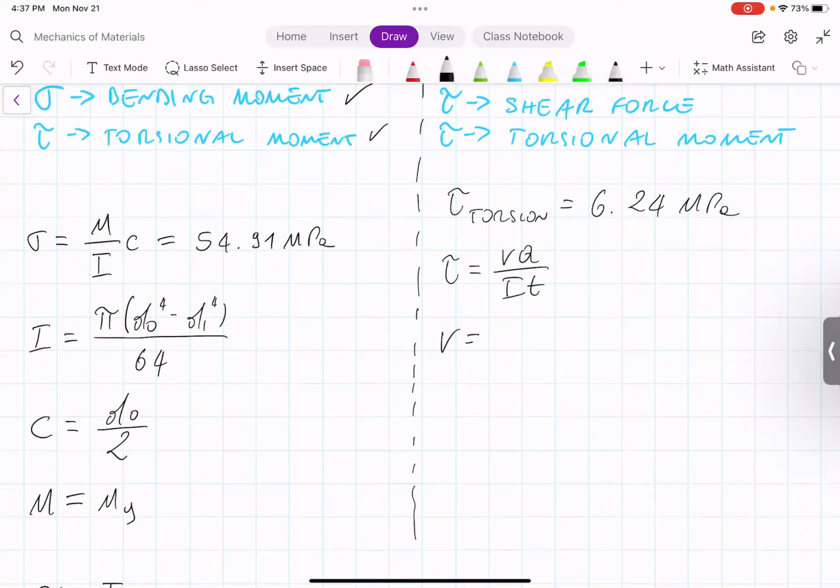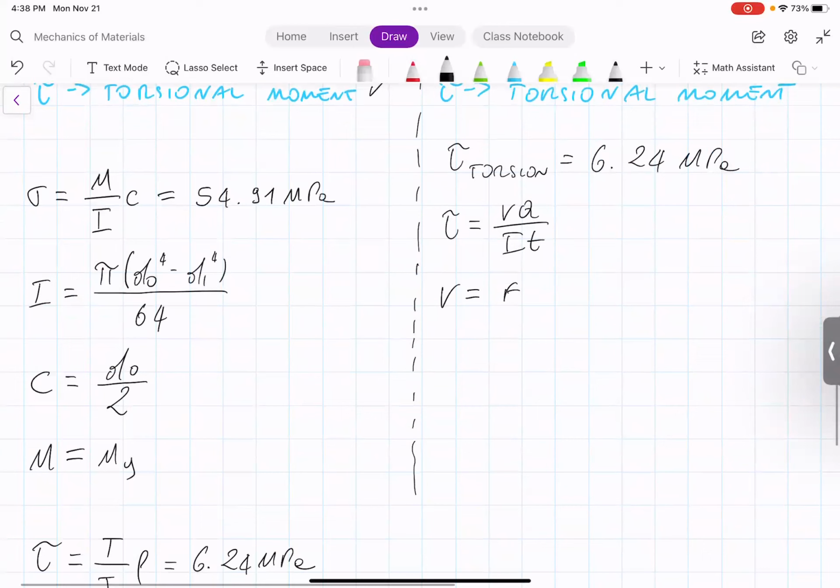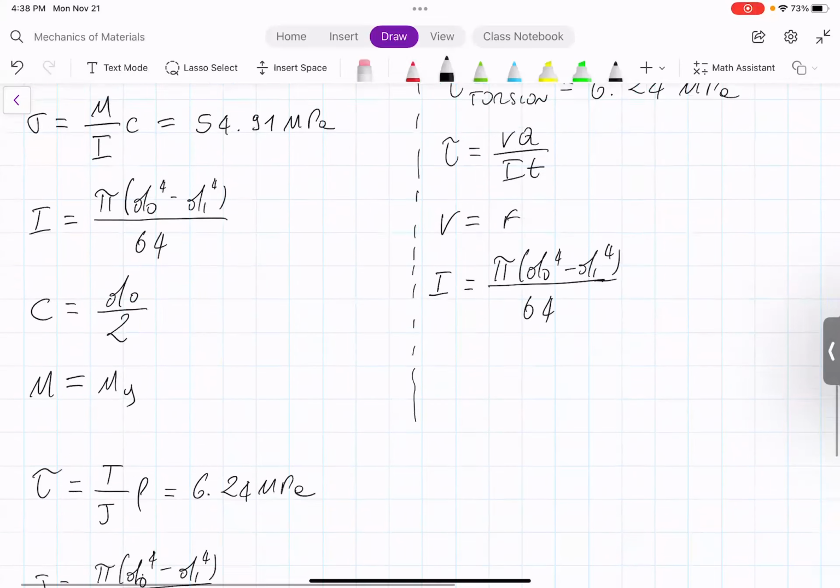V is basically the shear force, and we know the shear force is equal to F. We called it F. Then we can look at I, which is the moment of inertia of the entire cross-section, and we have to use the same formula that we used before for the moment of inertia. So we have d0 to the power of 4 minus di to the power of 4, times pi and then divided by 64.